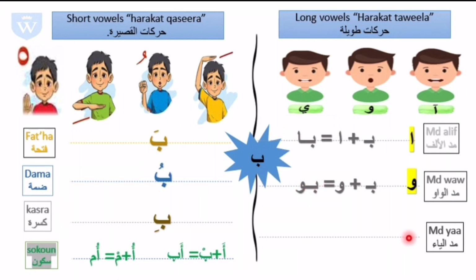And the last long vowel is called مد الياء and the sound is "ee". So b plus ee equals bee. So the short vowel makes the sound short and the long vowel makes the sound longer.